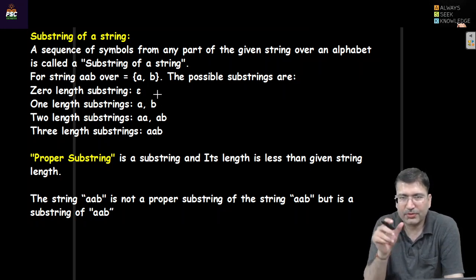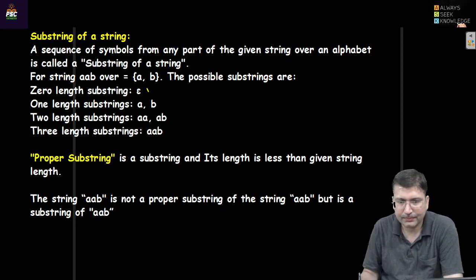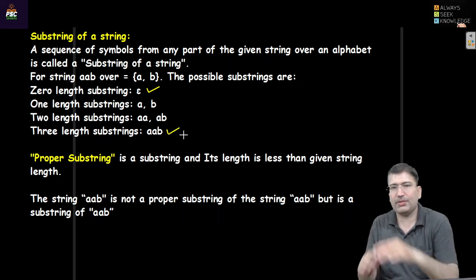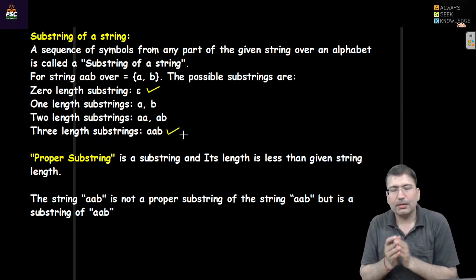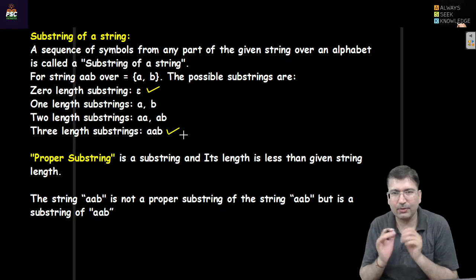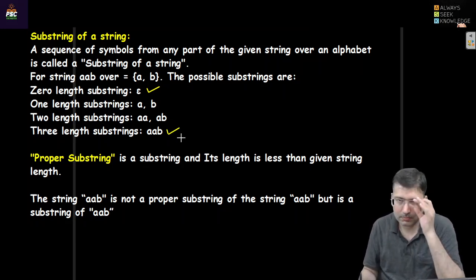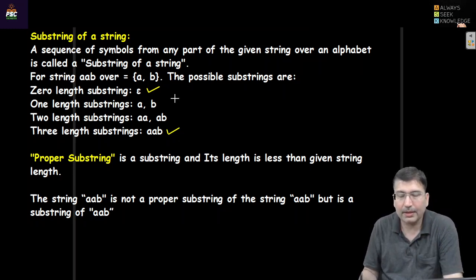Every string will have two substrings: one is null and another is the string itself. So if I take ABC, ABC will have null as a substring, and ABC itself will be considered a substring of ABC, right? These two will be there whatever example you take up.